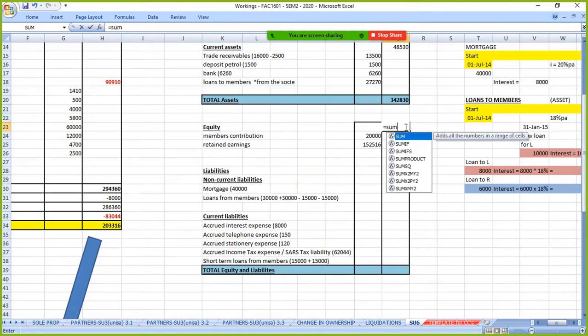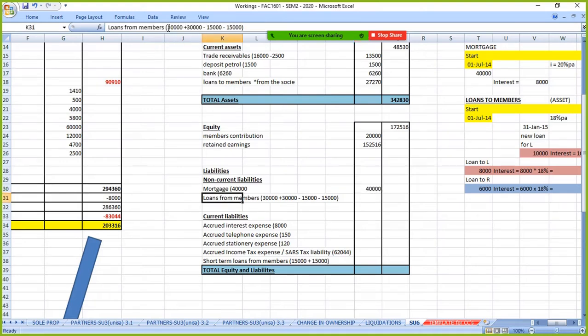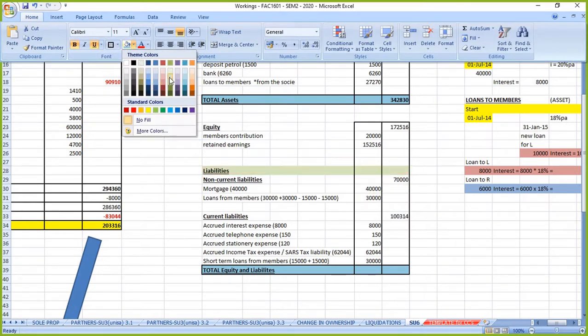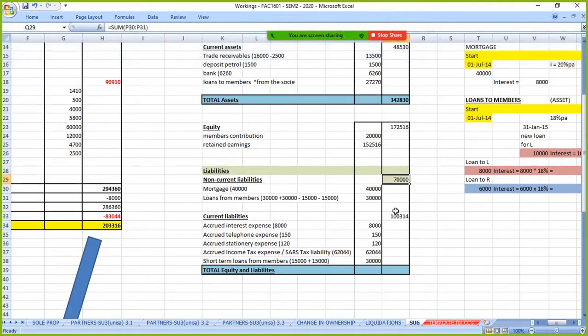Okay, so equity equals sum up. Okay, mortgage, loans, add up the current liabilities, add up the non-currents, work out the total, add up this and that.